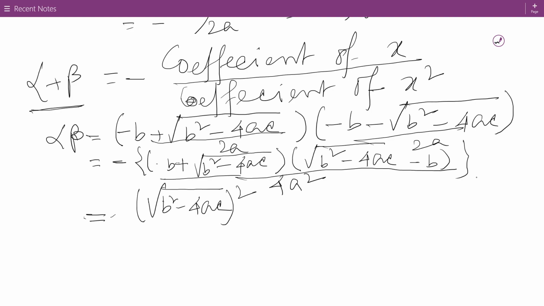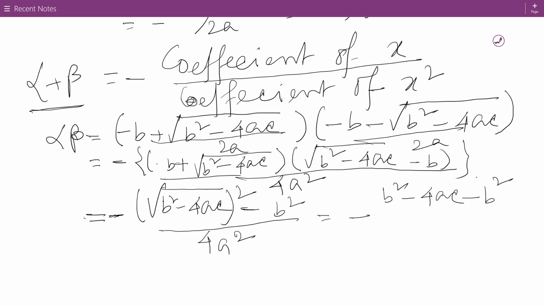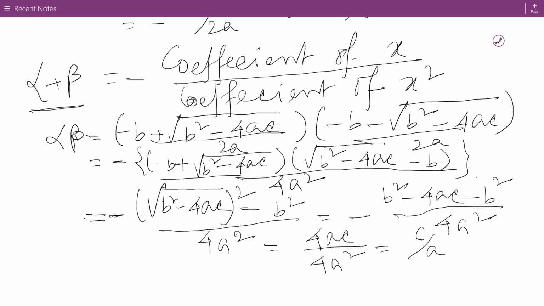This minus is there, minus b square by 4a square, or you write minus b square minus 4ac minus b square by 4a square, or simply 4ac by 4a square, or c by a.